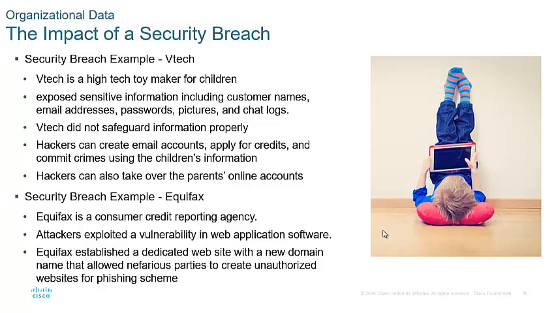Now, VTech did not safeguard information properly, as hackers can create email accounts, apply for credit cards or credits, and commit crimes using the children's information. With VTech, hackers can also take over the parents' online accounts.